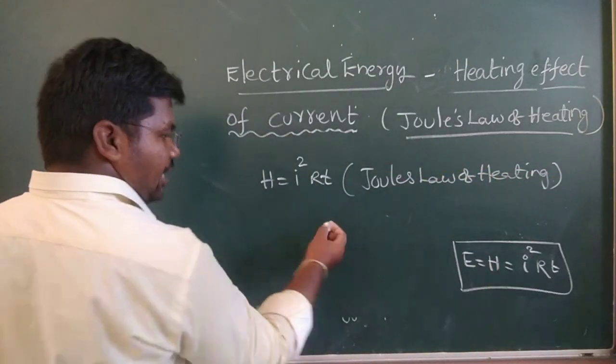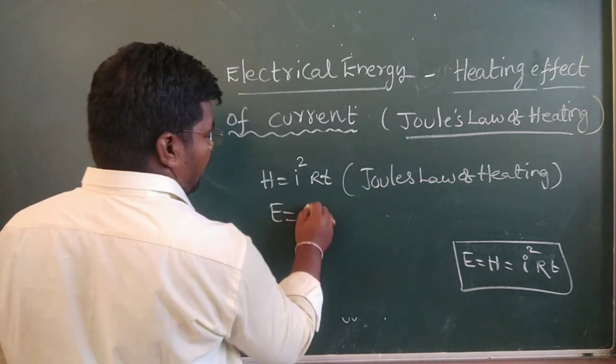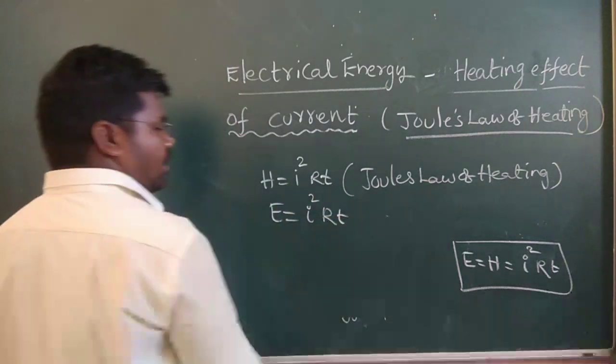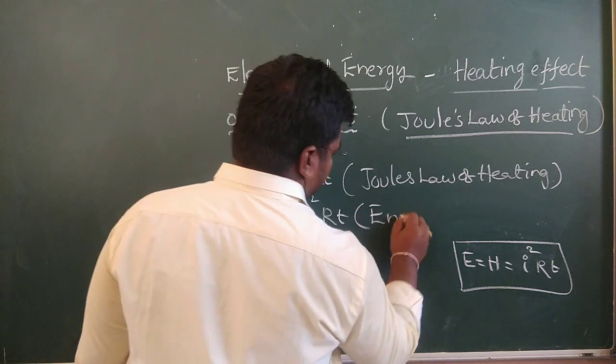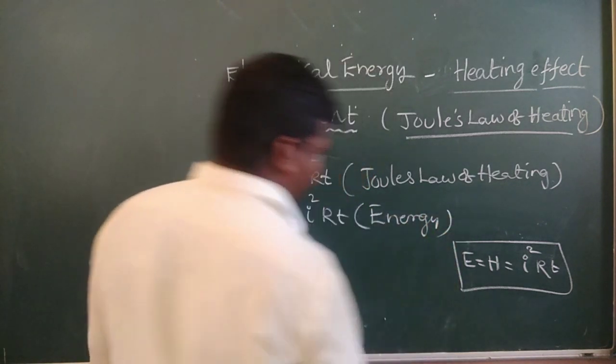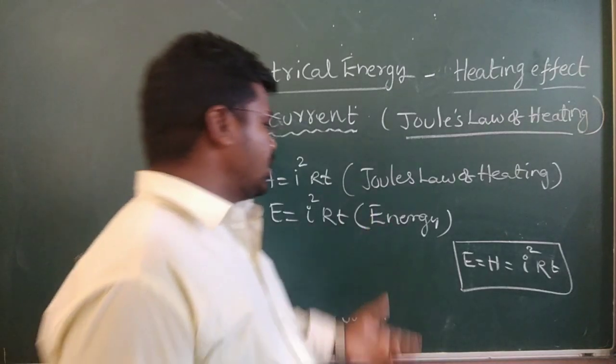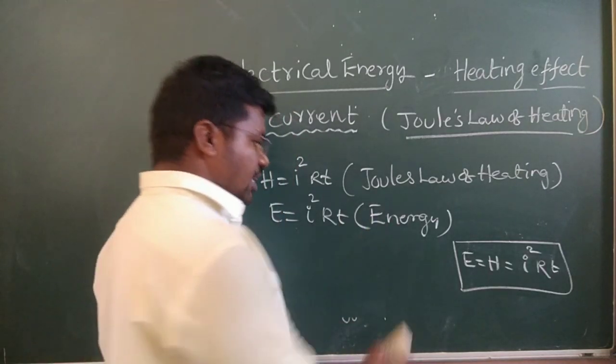We can take energy also with the same formula, I square RT. For electrical energy and for Joule's law of heating, both have the same expression.